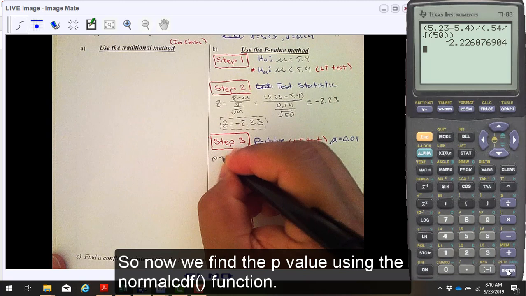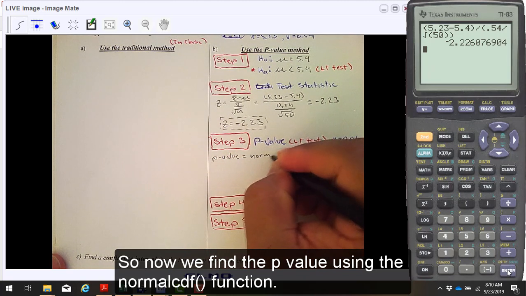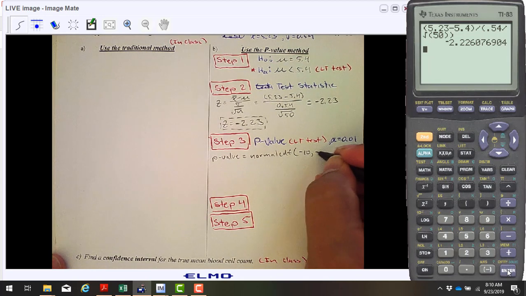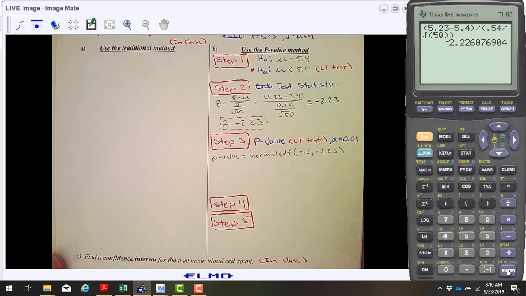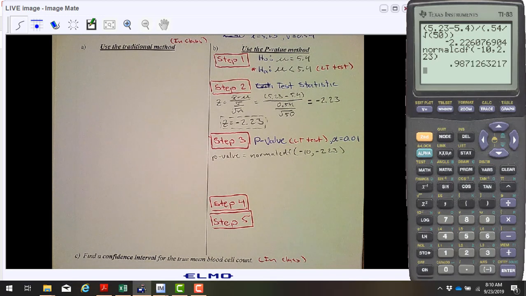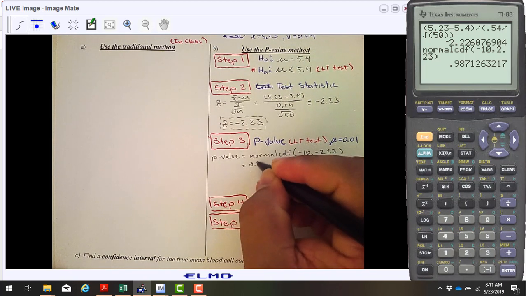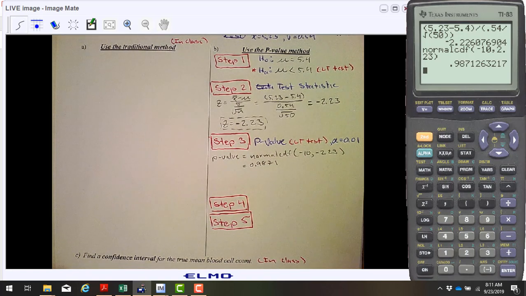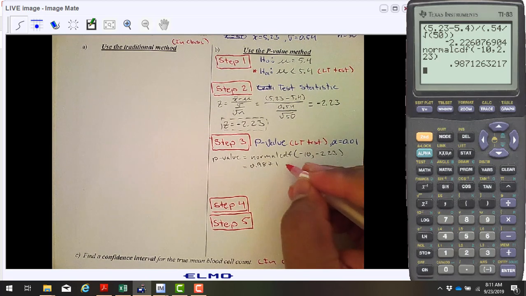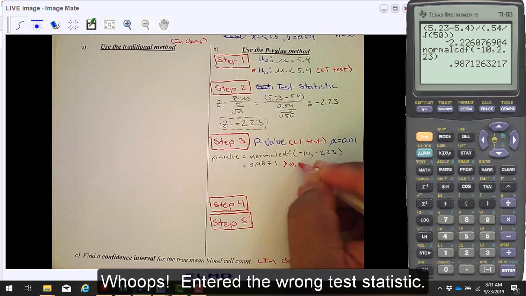So now we find the p-value using the normal CDF function. Whoops, entered the wrong test statistic.